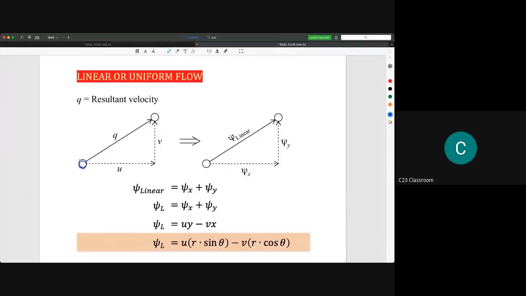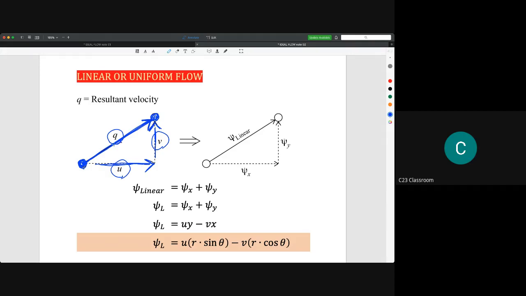Please imagine that we have a molecule here, and now it is transformed from this location into this location. The velocity for this resultant movement can be expressed as q. The velocity components are u, as shown in this figure, and also v.